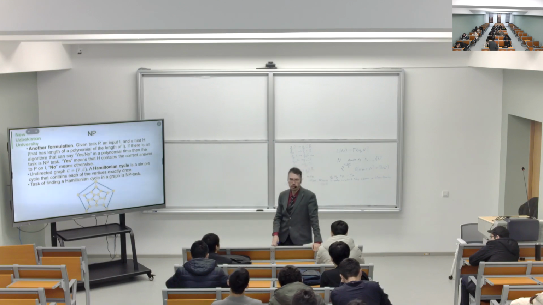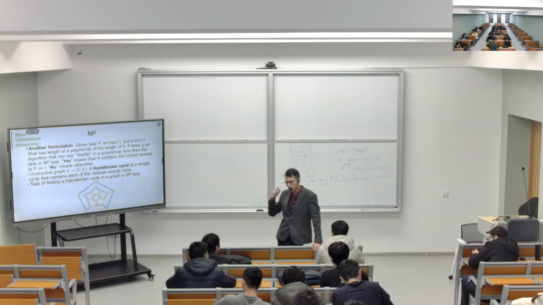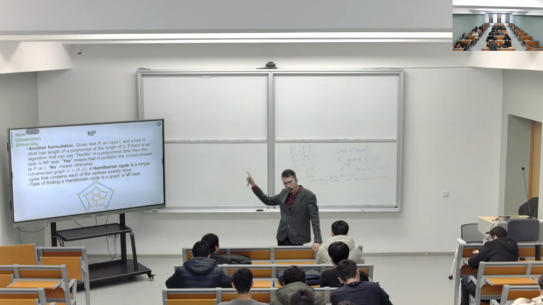No, you can solve it, but not in polynomial time, maybe in polynomial time. We don't specify it. In the definition of an NP problem, we don't specify whether we can solve this problem in polynomial time or not. Only whether we can solve it with a hint in polynomial time. If yes, then we call this task non-deterministic polynomial.